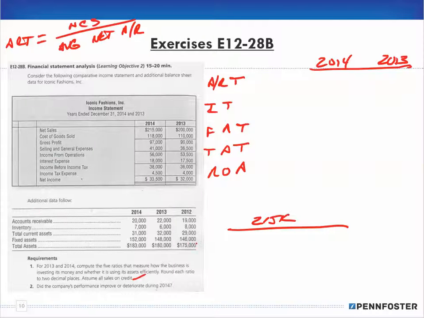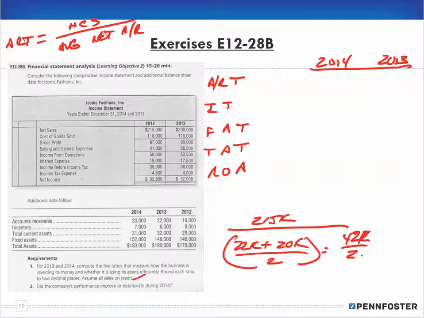When we come down to our accounts receivable, our beginning balance is 22,000 plus 20,000 for our ending balance, and that's all divided by 2 because it's an average. So this ends up being 42,000 divided by 2, or 21,000. So we're looking at 215,000 divided by 21,000, or 10.24. Pause the video if you have to. I'm erasing this.